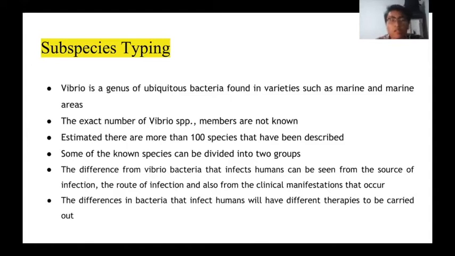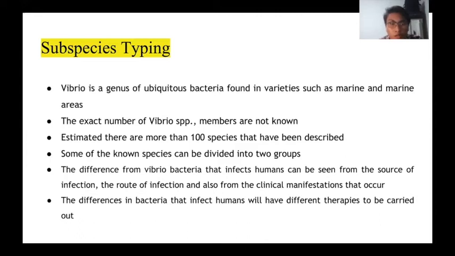There are cholera and non-cholera groups, and the difference among Vibrio bacteria that infect humans can be seen from the source of infection, the route of infection, such as oral or wound exposure, and also from the clinical manifestations that occur. Why is it important to know the difference between the Vibrio bacteria?